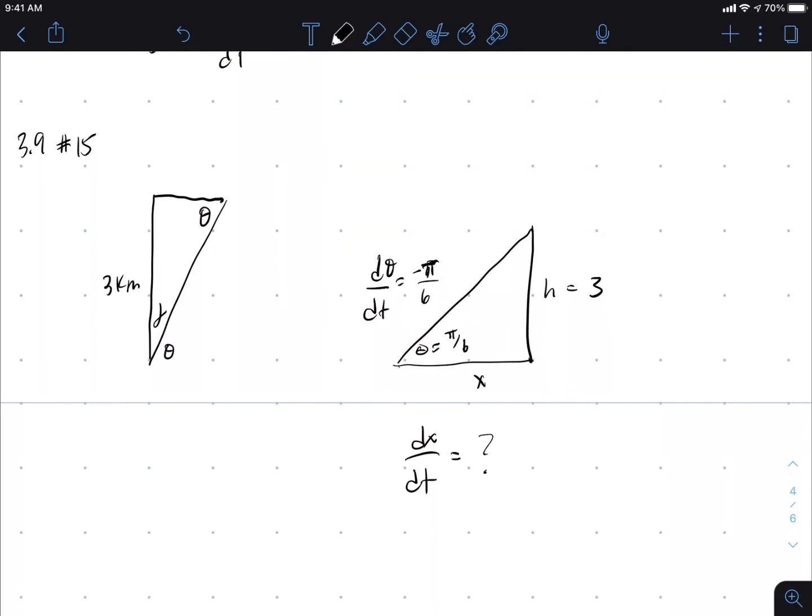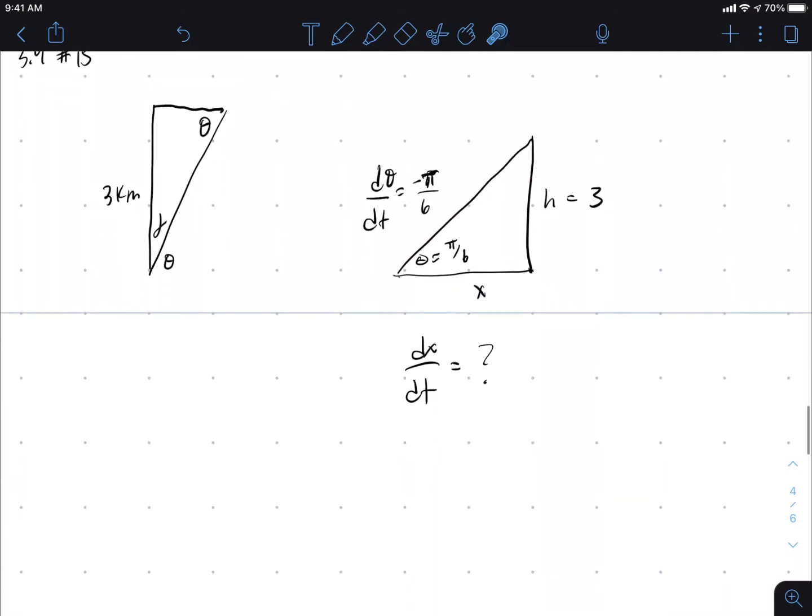So now, how do I want to attack this? This is important for all of you: I need to deal with x, correct? And I need to deal with height, because those are the things I don't know anything about. This hypotenuse, right? So I have to deal with this and this.